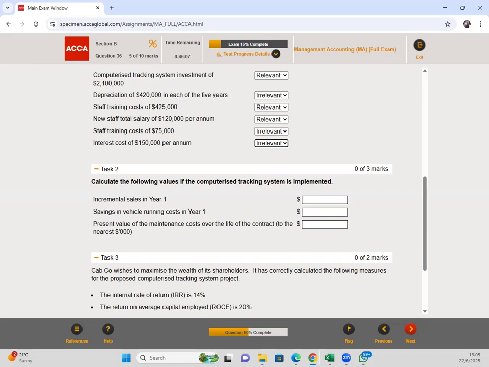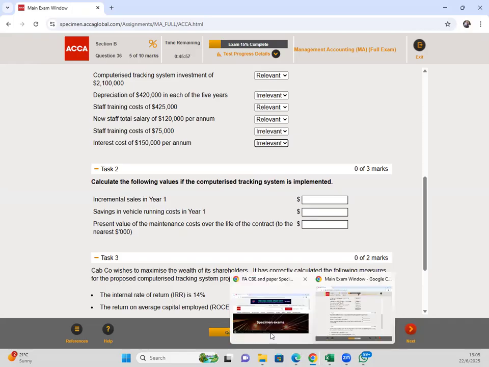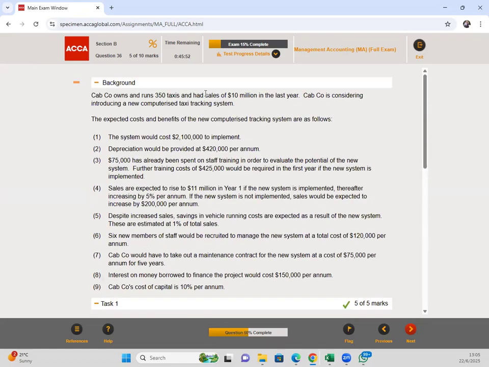So the incremental sales, let's go to the question first, where there was something about sales. Sales currently, last year they were 10 million, and they are expected to rise to 11 million.